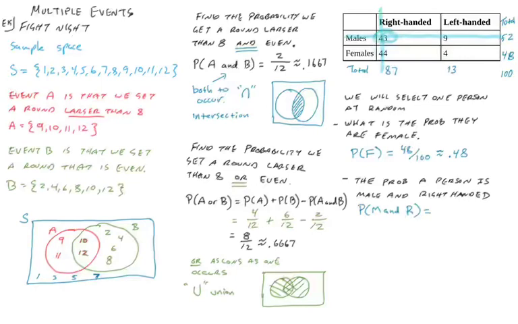So there is that overlap. That's what that "and" is. So those 43 people, and it's going to be out of the grand total in this case still. And so we could kind of see that if we were to color them blue and pink, we would get that purple region there. So that's that overlap between the "and" case.